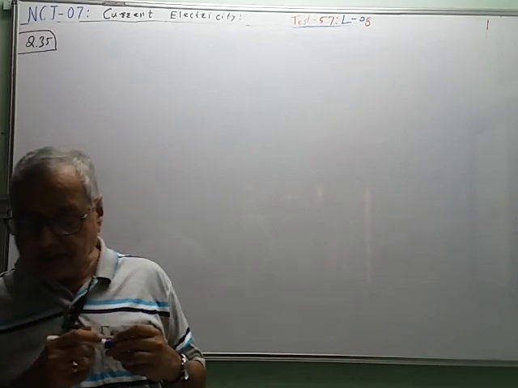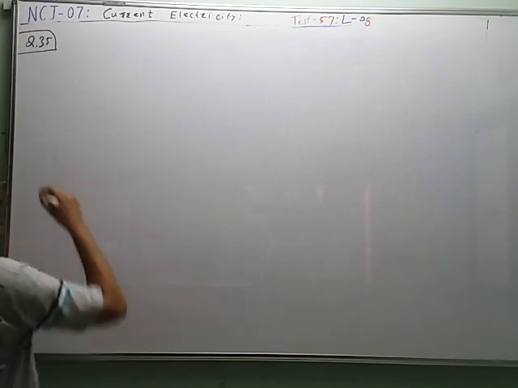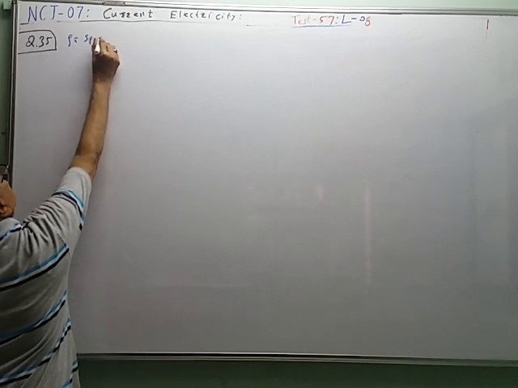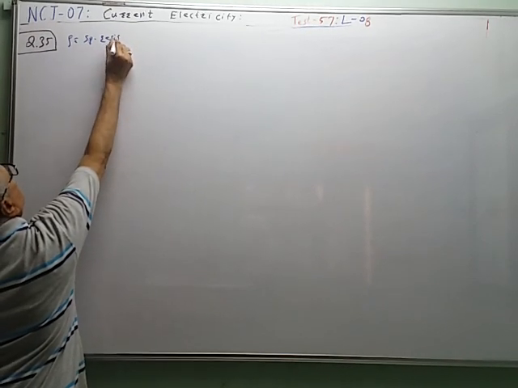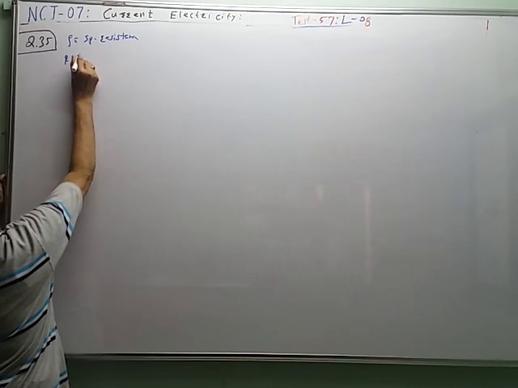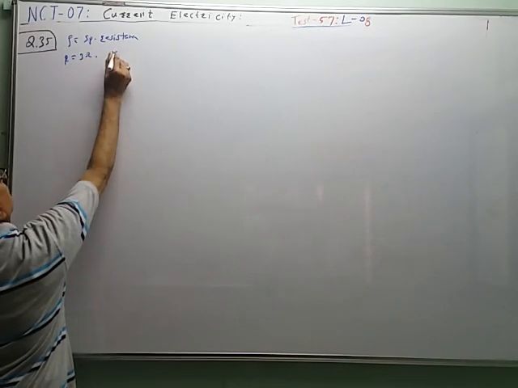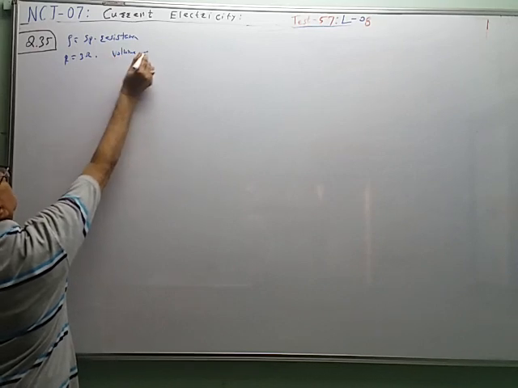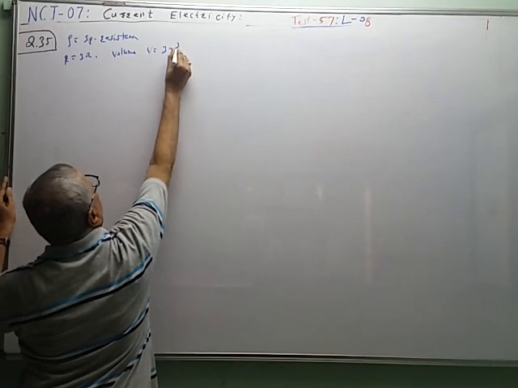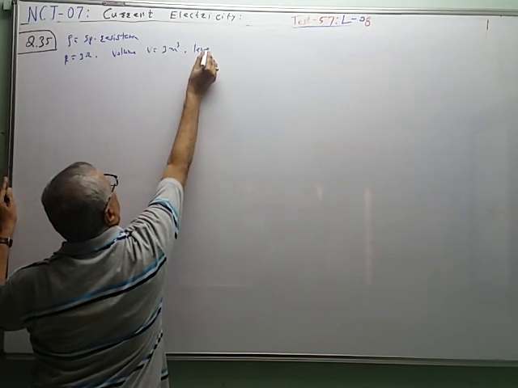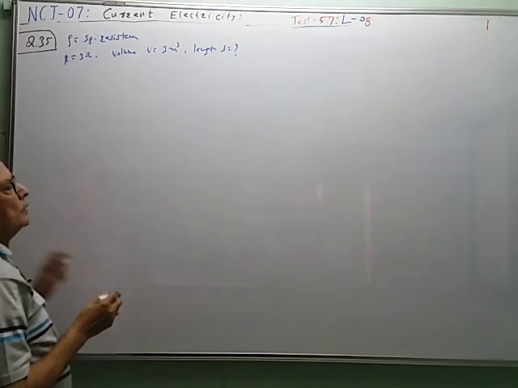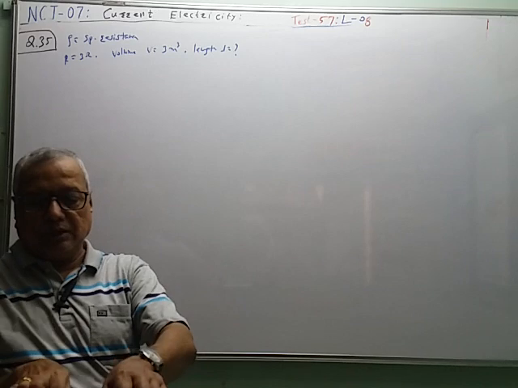The given quantities are: rho is the specific resistance, resistance R is equal to 3 ohm, volume V is equal to 3 meter cube, and length L is the unknown.